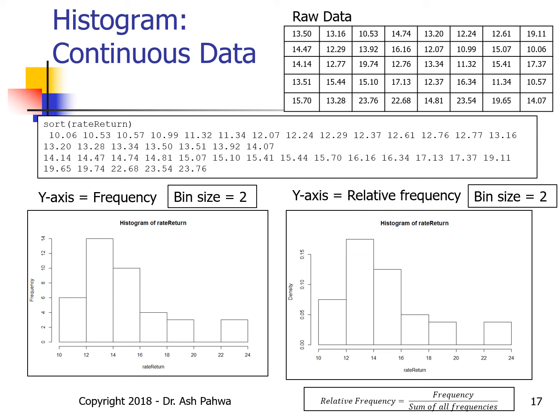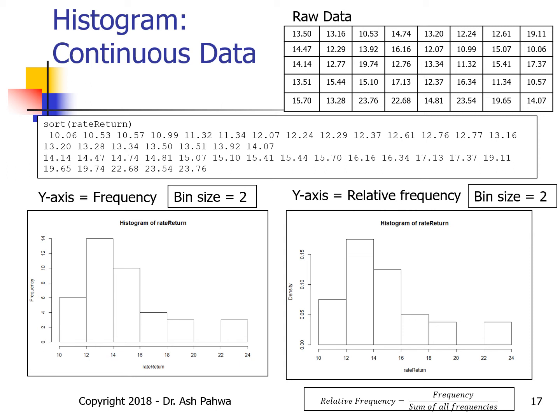We need to find out how many values are between 10 and 12. So, you can see the sorted data we have includes 10.06, 10.53, 10.57, 10.99, 11.32, and 11.34. So, these 6 values fall between 10 and 12.